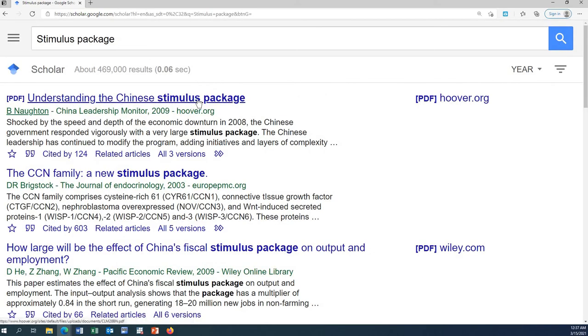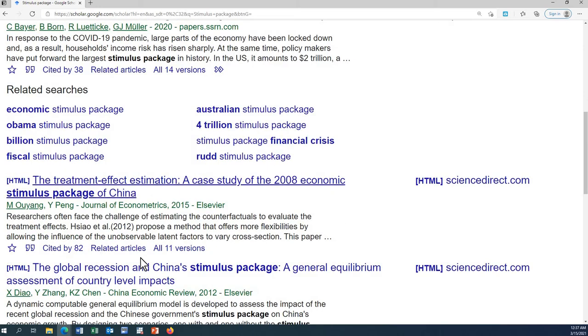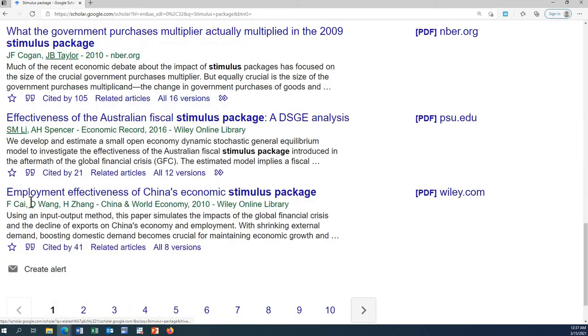Okay, understanding the Chinese stimulus. So the CNN family, a new stimulus package. The coronavirus stimulus package. How large is the transfer multiplier? So you can read papers from here. Okay, so the effectiveness of the Australian fiscal stimulus package, a DSGE analysis.